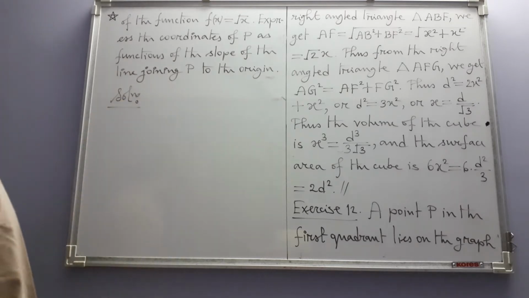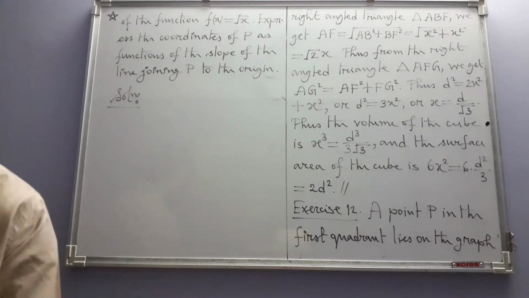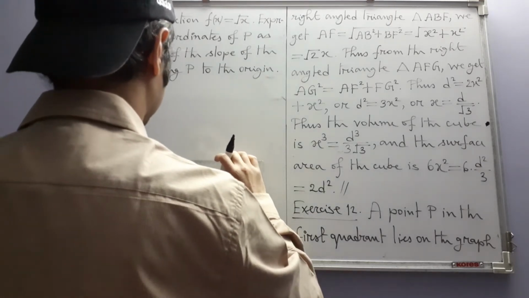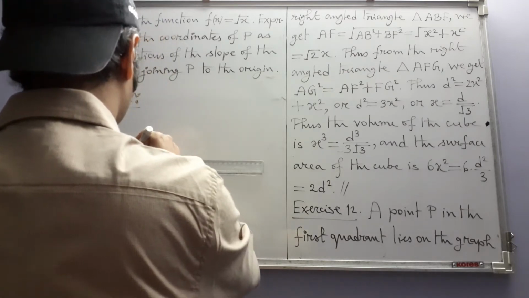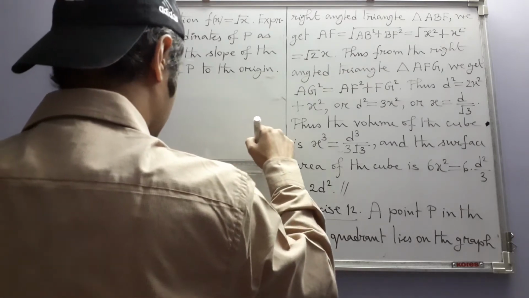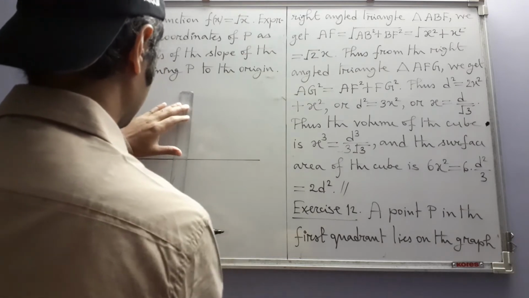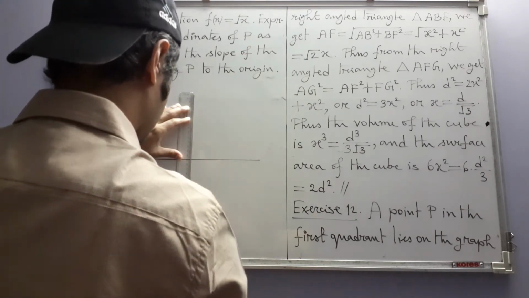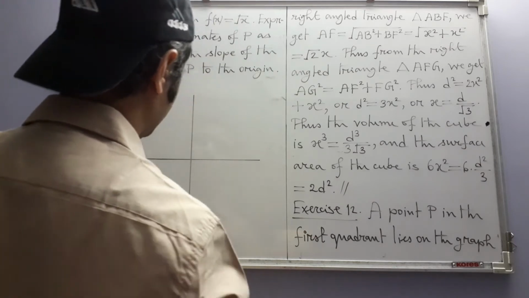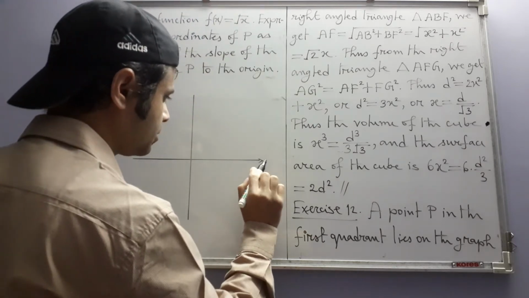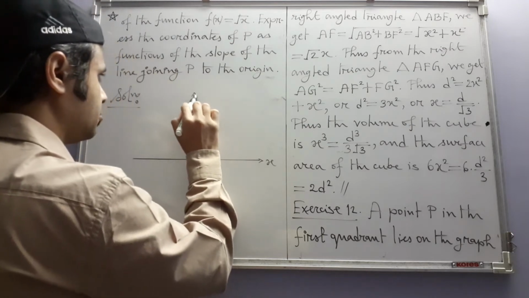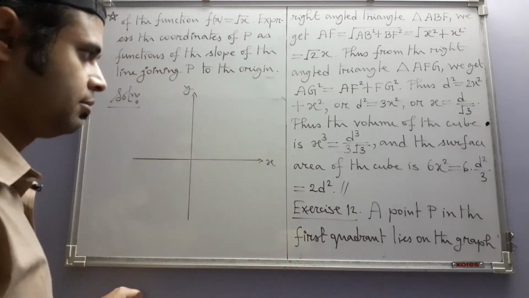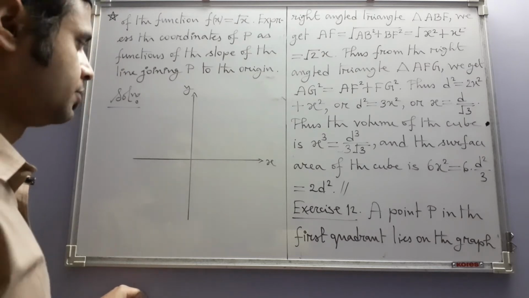We can draw a figure in this case also. We can roughly draw the graph of this function. Actually, we should draw figures whenever we are trying to do something and we can draw something.